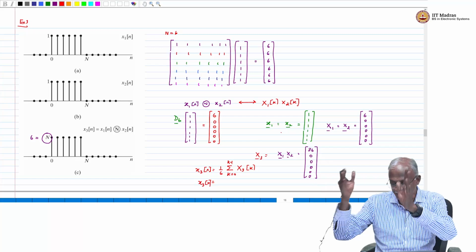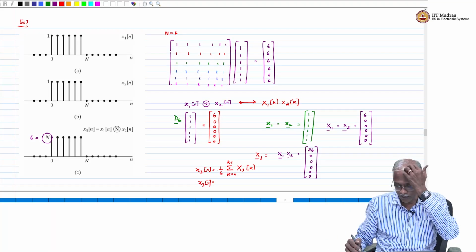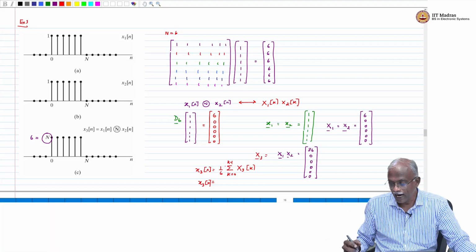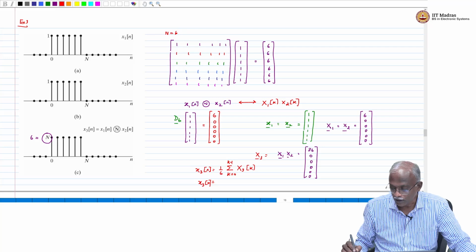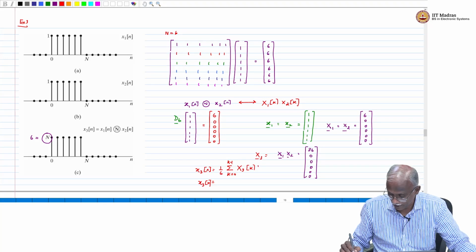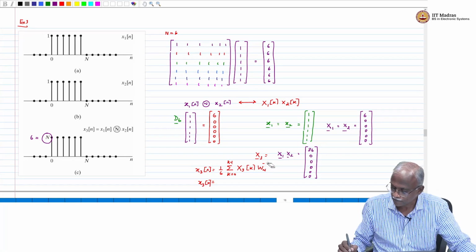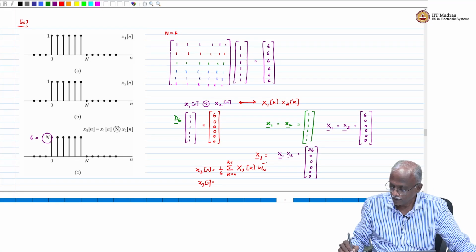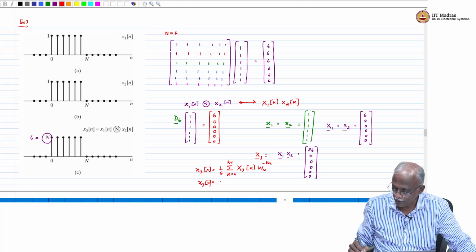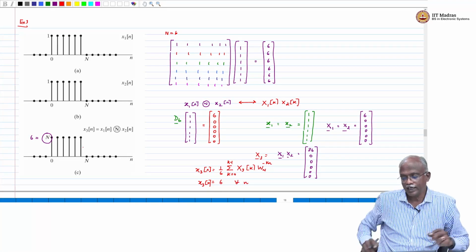In all cases, x3 of 0 will be equal to 36, so 1 by 6 times that, and you will find that x3 of n is equal to 6 for all values of n equal to 0, 1, 2, and so on, and that's exactly what we got.